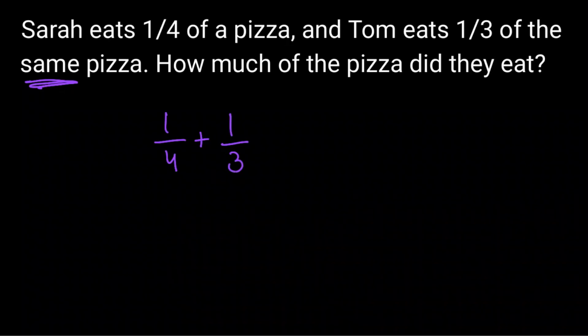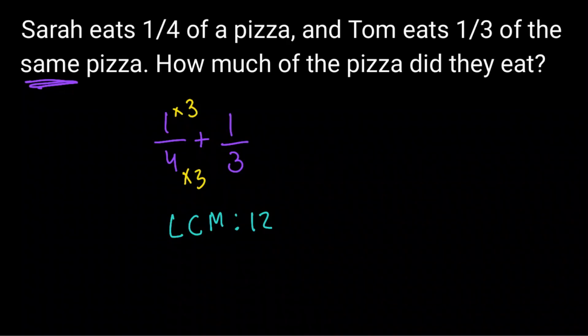Now we just do what we already know how to do. The lowest common multiple between 4 and 3 is 12. So we need to get a denominator of 12 for both these fractions. To do this, we can multiply the top and bottom of the first fraction by 3. Times 3, times 3.